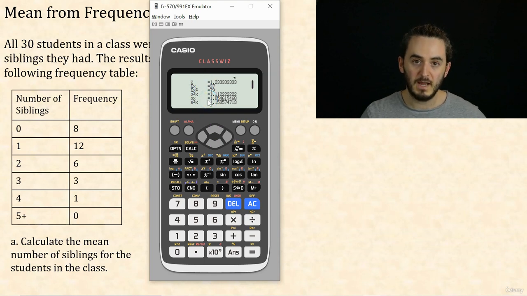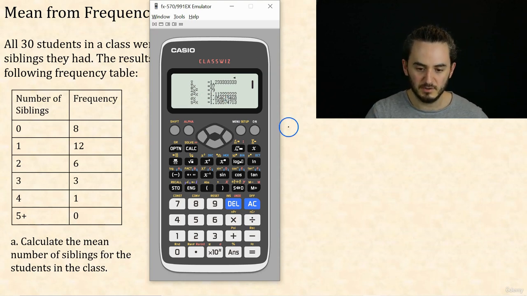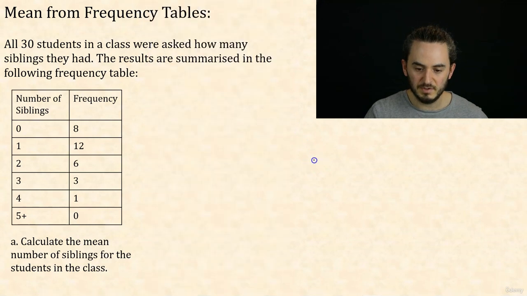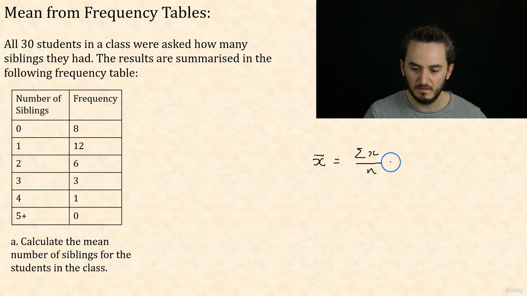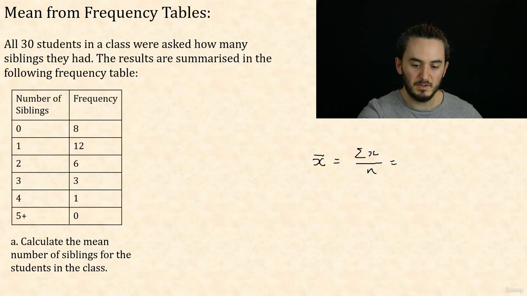Now, you are allowed to use your calculator in these sorts of questions, but you do need to show working. Here is what's required. So I'm going to write down exactly what's required in your calculations. You need to show that you understand that the mean is found by adding up all of the x values and dividing by n. You need to sub those values in.